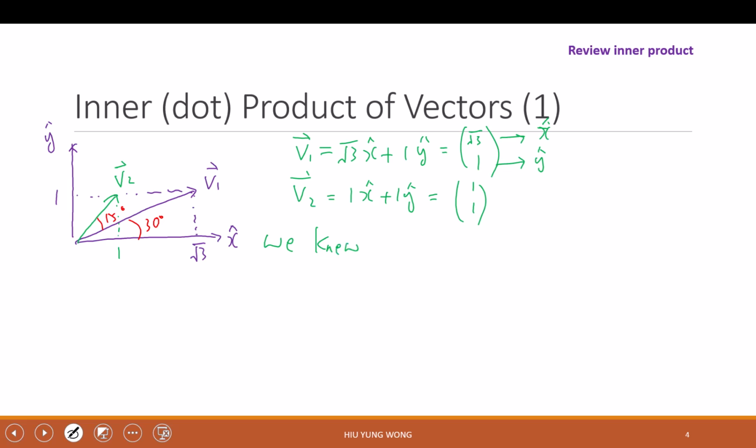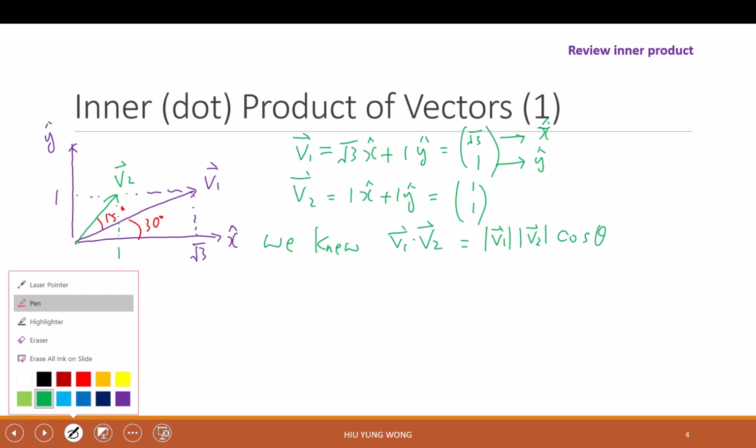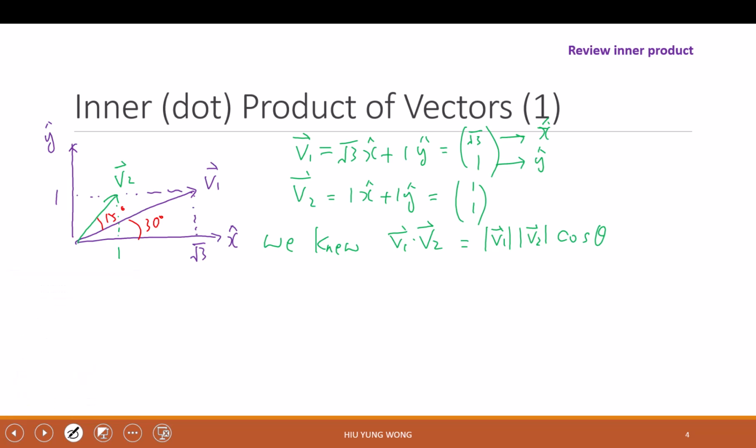We knew that V1 dot V2, which is the inner product of two vectors, is equal to the length of V1 times the length of V2 times cosine theta. And theta is the angle between them. Okay. So if you forgot, let me quickly just remind you.